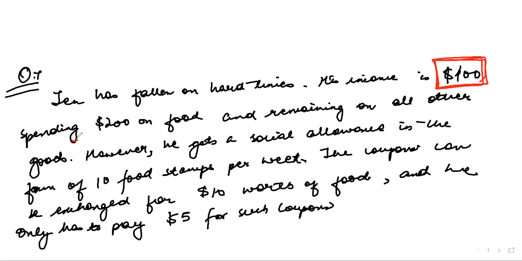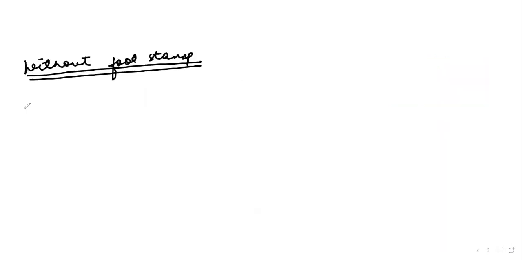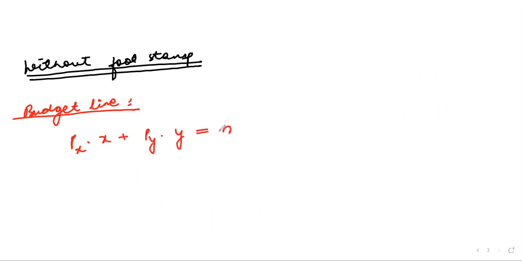Now, whether he spends 200 on food and the rest on others comes out of his preferences, but preferences have nothing to do with budget. So my budget line will be Px into X plus Py into Y is equal to M, that is, Px into X plus Py into Y is equal to 400.